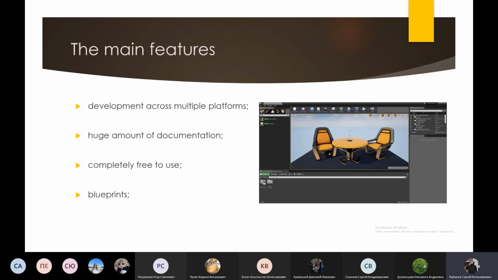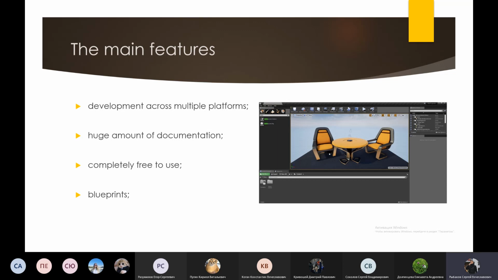A big benefit to Unreal Engine is that it's completely free to use. Whether you are a hobbyist developer or a AAA studio, there is no upfront fee to use Unreal. They instead use a royalty agreement of 5% of all game earnings over $3,000 per quarter to make their money.